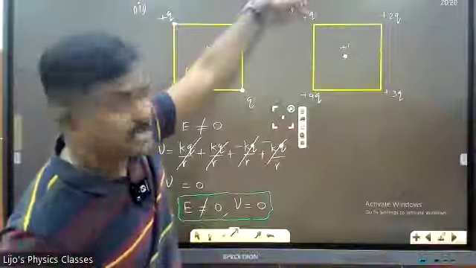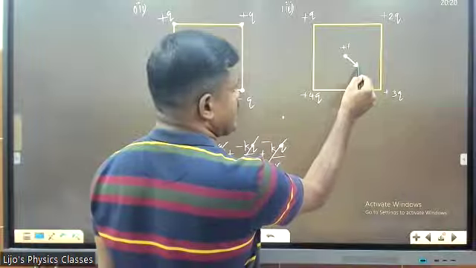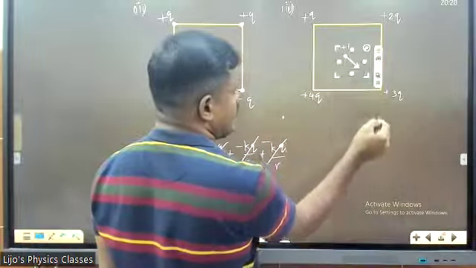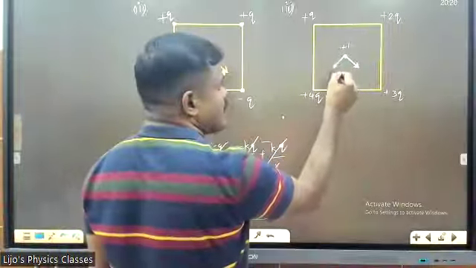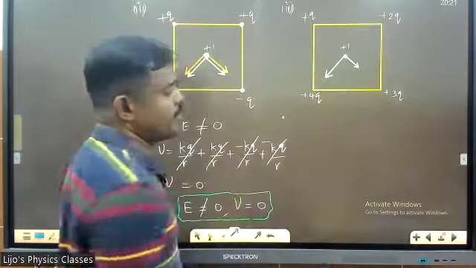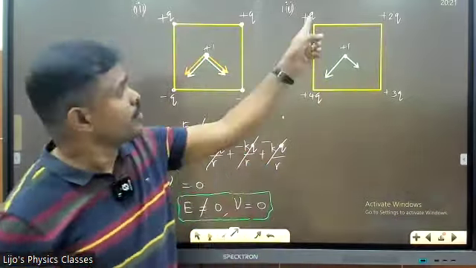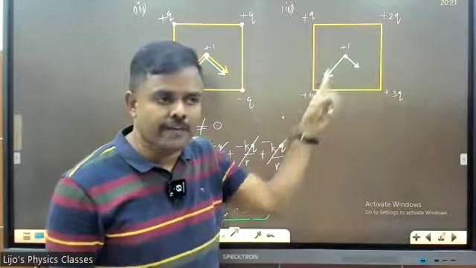Tell me what is this plus Q doing? Plus Q is repelling plus 1 in this direction. Plus 2Q is repelling plus 1 in this direction with double the force. Why double the force? If charge Q creates E field, 2Q would create 2E field. Am I correct?